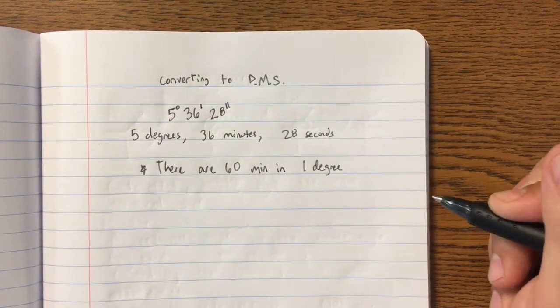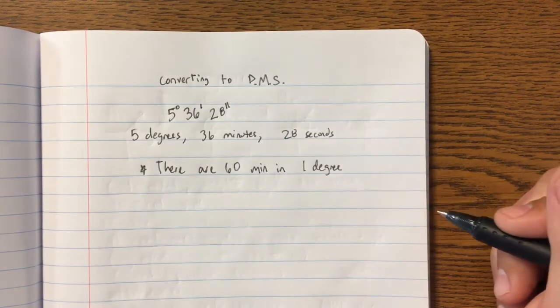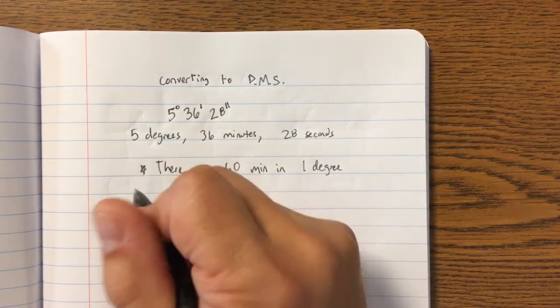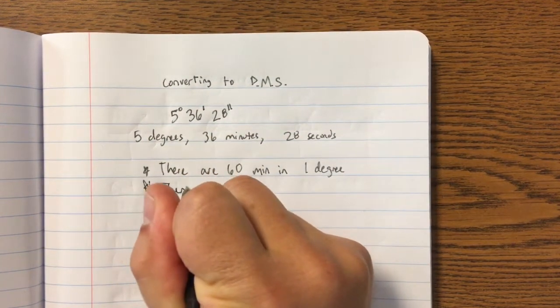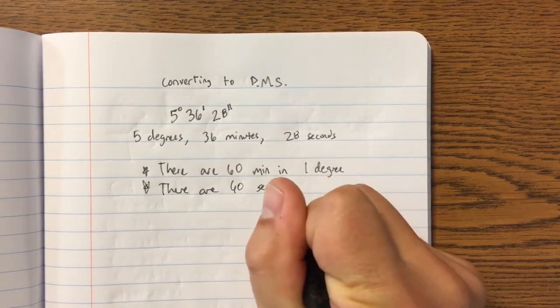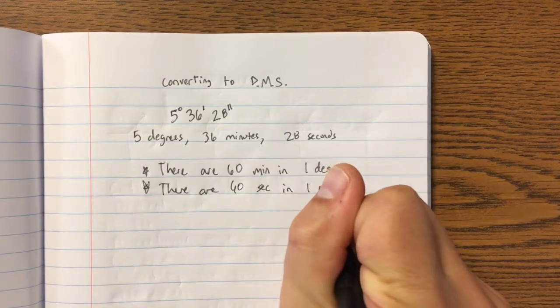So how many seconds do you think are in a minute? 60, yep, that's right. Okay, so there are 60 seconds in 1 minute.